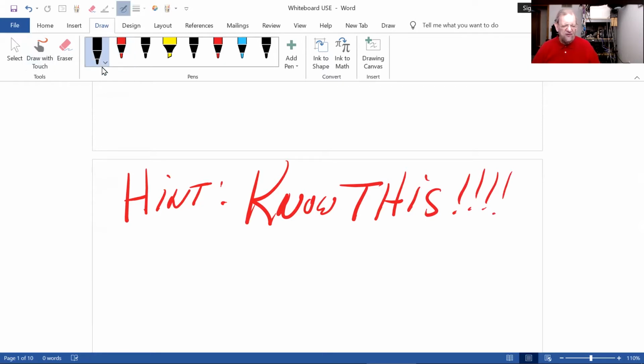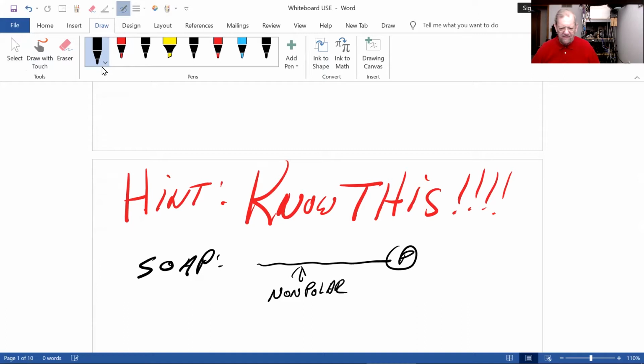All right, how does soap work? First of all, you should know what the structure of soap is. Soap has a nonpolar tail and a polar head.